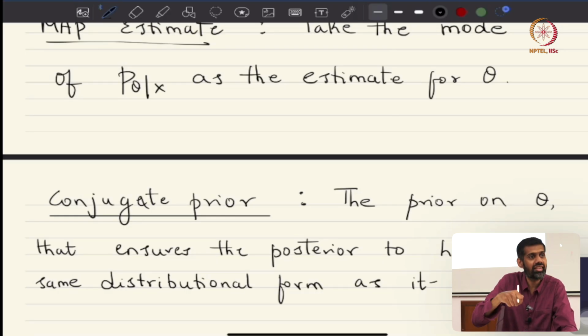So you should choose a prior that would ensure that the posterior also has the same distributional form as itself.